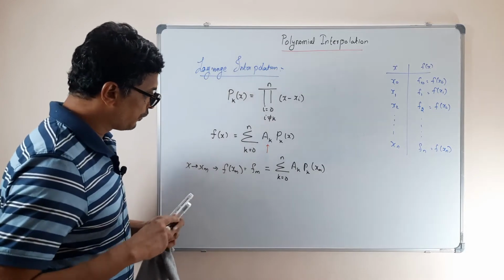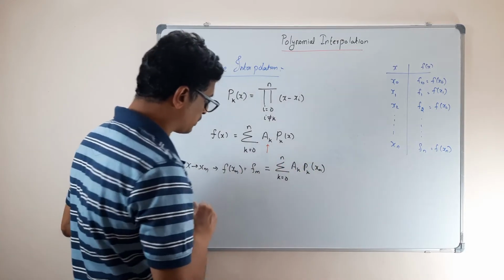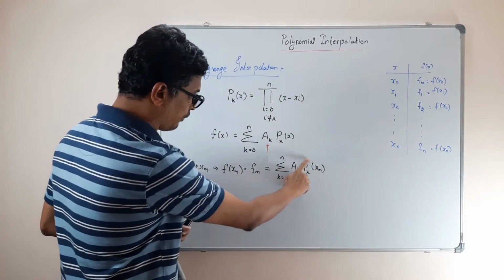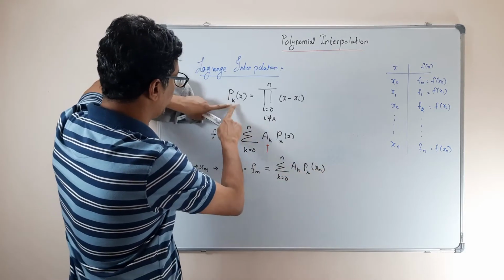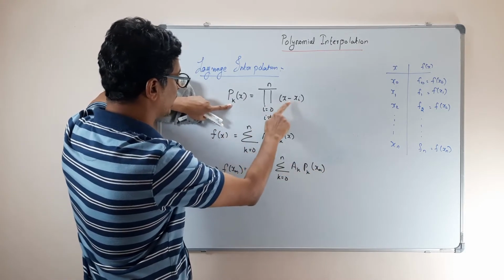Now if you carefully look at pk of xm, pk of x is the product of x minus xi.